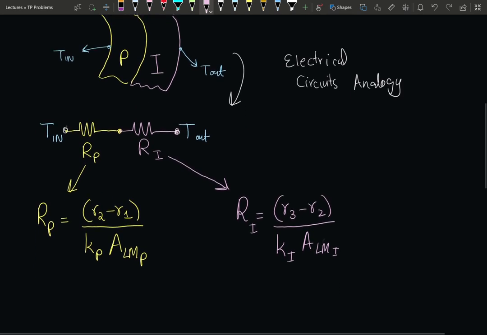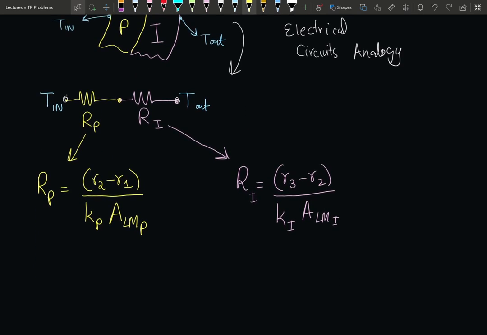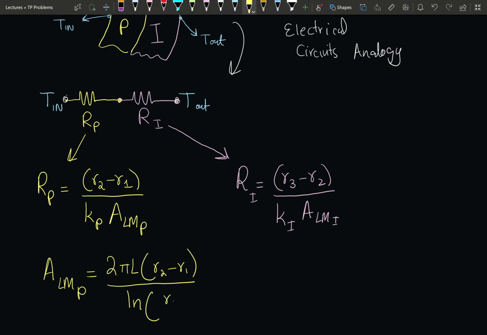We need to talk about log mean areas for a second. In one of the previous videos, we discussed log mean areas in detail and why we need them in spherical and cylindrical coordinates, because the area normal to heat transfer varies with radius. So the log mean area of the pipe is going to be 2 pi L multiplied by R2 minus R1, divided by the natural log of R2 over R1.